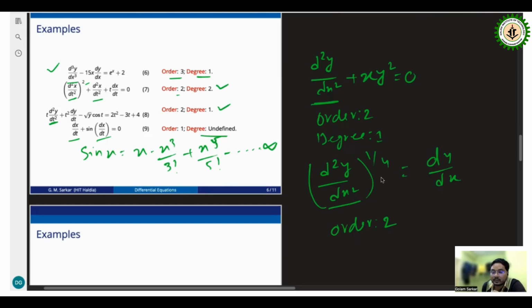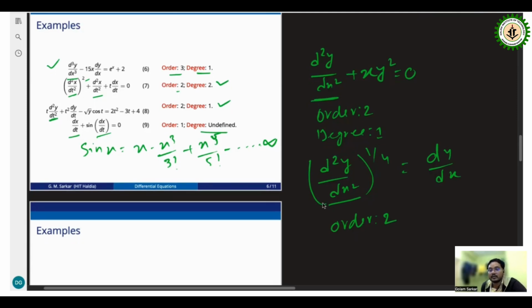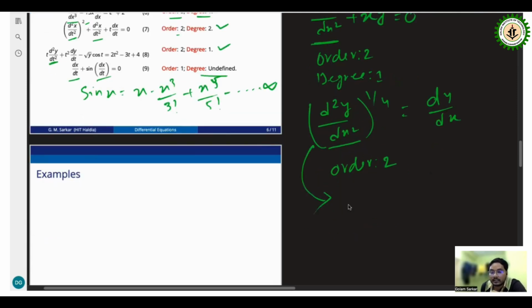Okay. So to define the degree of the differential equation, we have to make the derivative terms rational free. To make the derivative term rational free, what do we get?